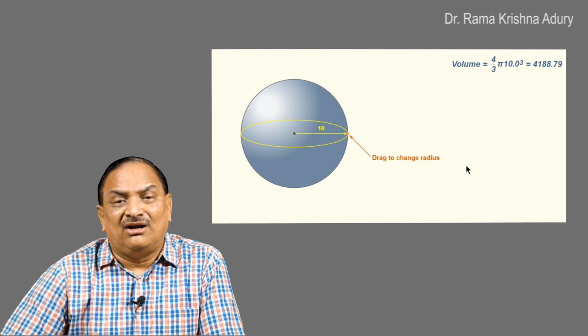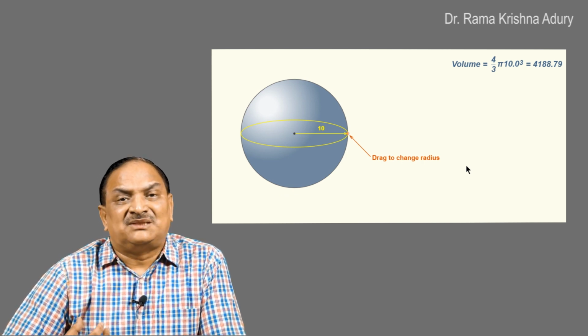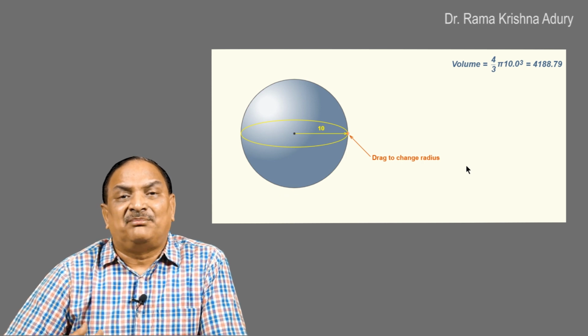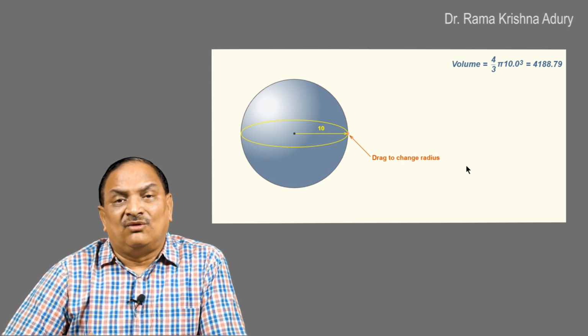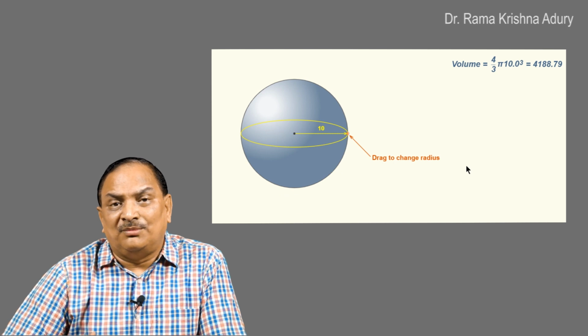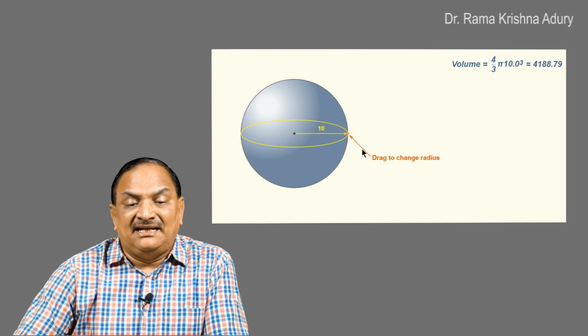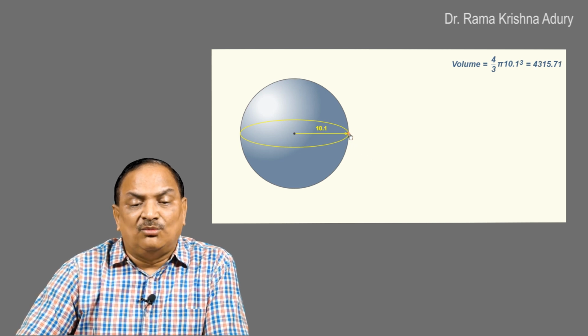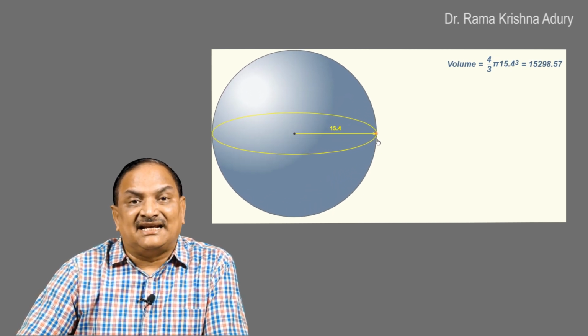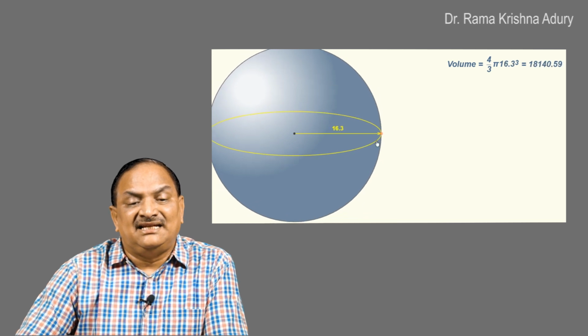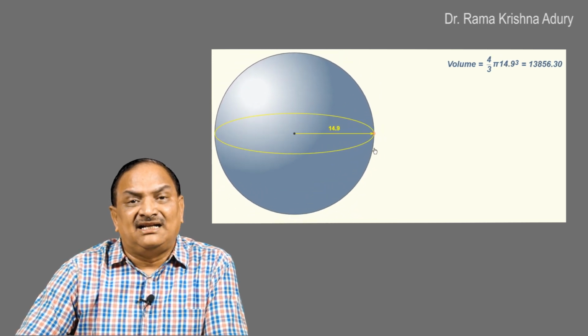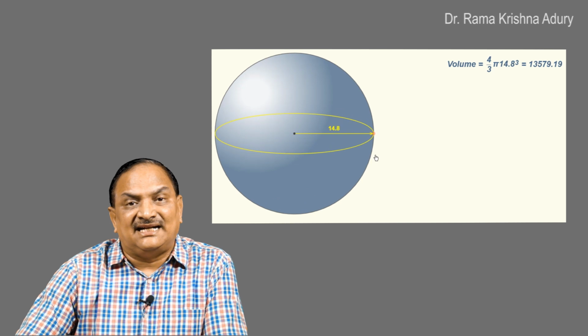The formula for the volume of a sphere is 4/3 pi r cube. There is a significant change in the volume if you increase the radius; any little increase in the radius significantly changes the volume. That's what you should understand.